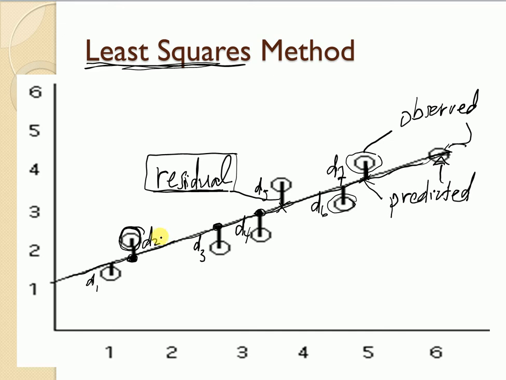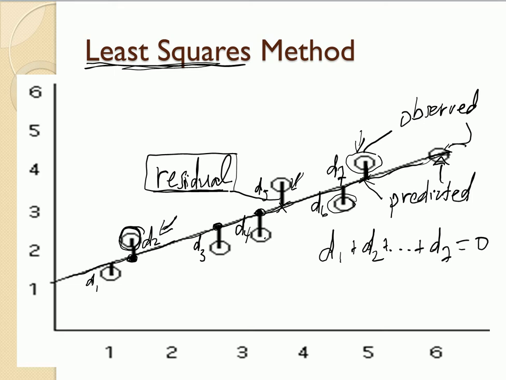So d2 would be positive because it's above the line, d5 would be positive and d7 would be positive. d1 will be negative, d3 would be negative, d4 would be negative, and d6 would be negative because they lie below the line. And if we add these values together, d1 plus d2 all the way to d7, then we will get 0 as the answer.